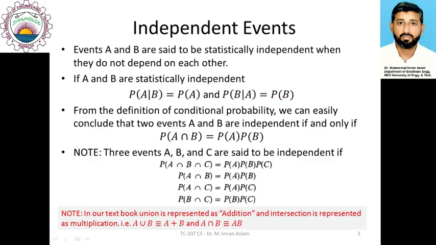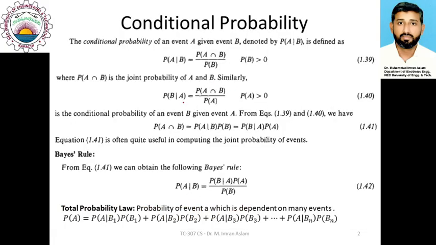From the definition of conditional probability, if the events A and B are independent, probability of B given A would be equal to probability of B, and if you multiply by probability of A on this side, probability of A intersection B would become equal to the product of probability of A and probability of B.